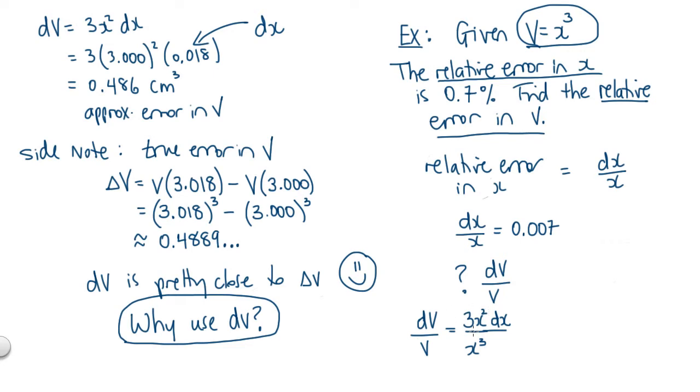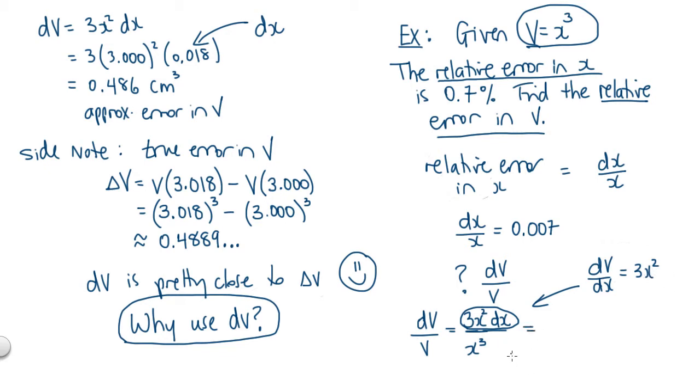If you get confused about this step here, remember saying dV is equal to 3x squared dx, that's the same thing as just saying dV by dx is equal to 3x squared. So you can mentally imagine taking the derivative and then just bringing this dx up, multiplying both sides there by dx.